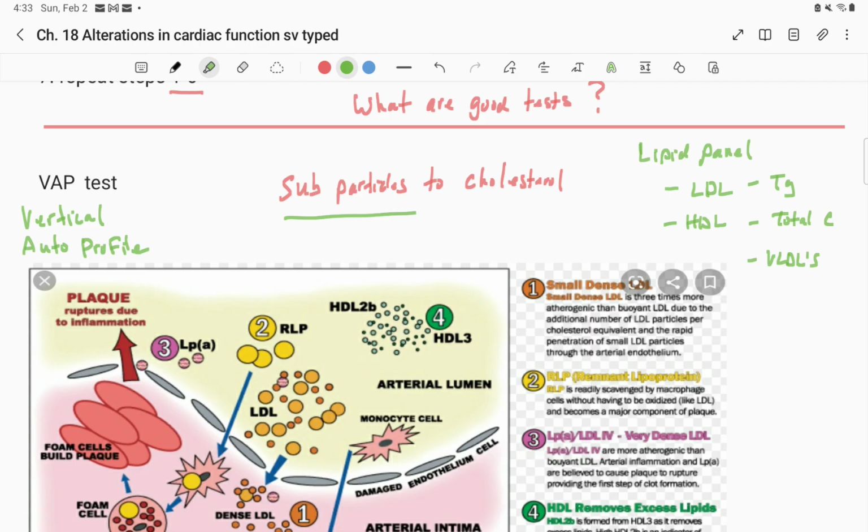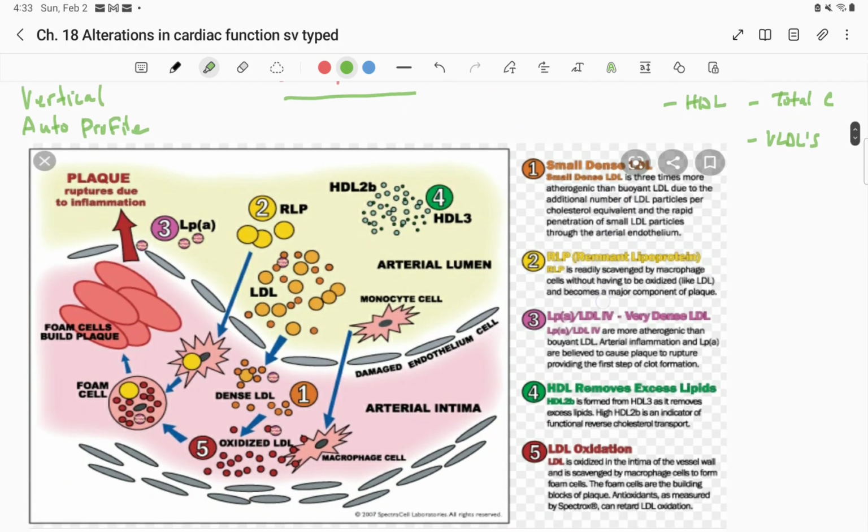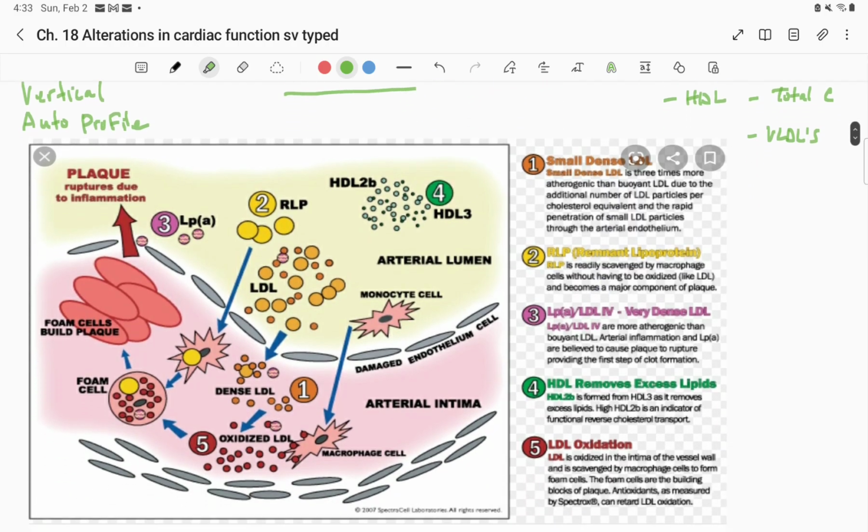And this is a patient education chart or handout that helps people understand the different types of subparticles. So here's an example here, an LPA.